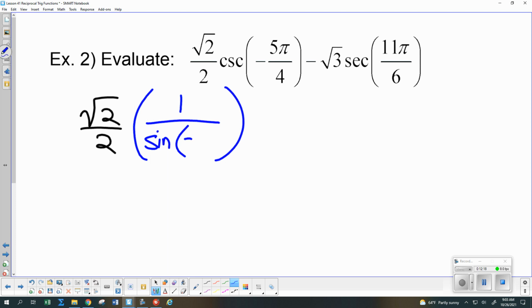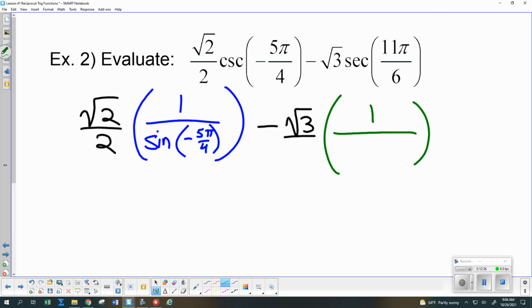And the angle stays the same, the minus 5 pi over 4. And I'll figure out what that needs to be in a few minutes. And then I'm going to have minus square root of 3 times something. Secant, that's another reciprocal one. Secant is 1 over what? Everybody? 1 over the cosine, and the angle stays the same.